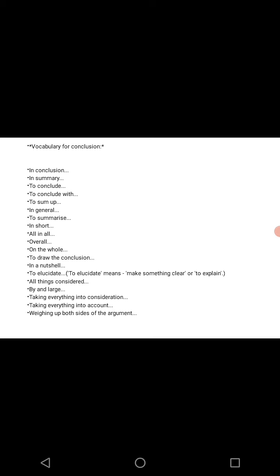To elucidate means to make something clear or to explain. Others are: all things considered, by and large, taking everything into consideration, taking everything into account, weighing both sides of the argument.